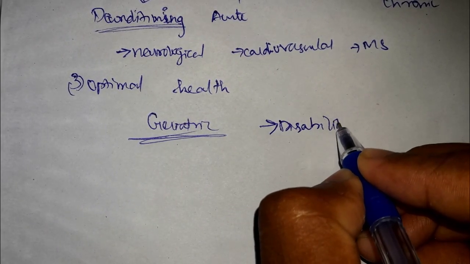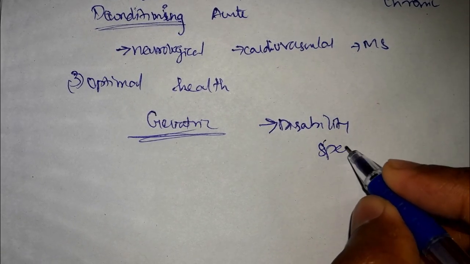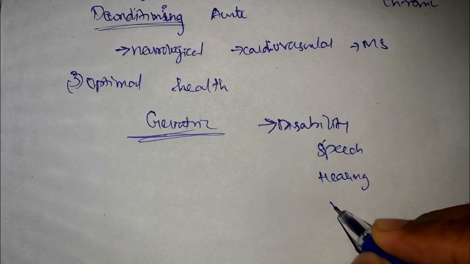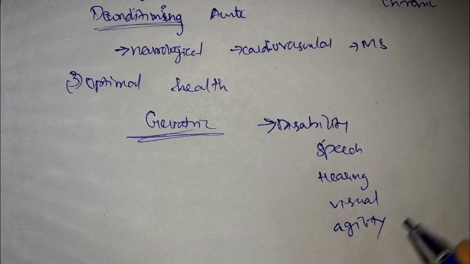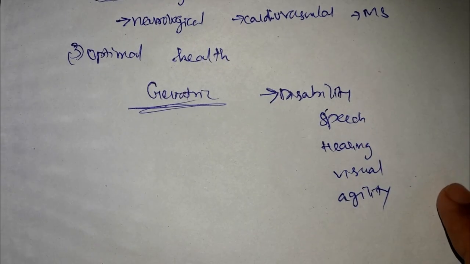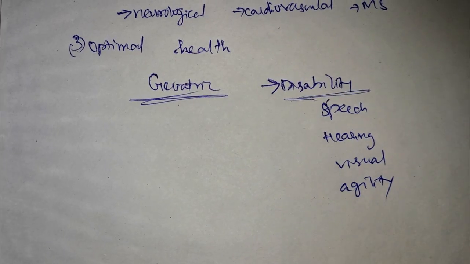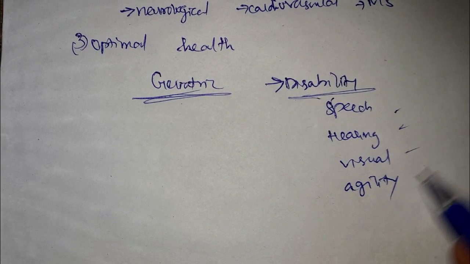Some persons may have speech disability, some hearing disability, some visual disability, some have agility problems. These disabilities come with the geriatric population. Surveys are taken on how many people have these, and this is all in the research.